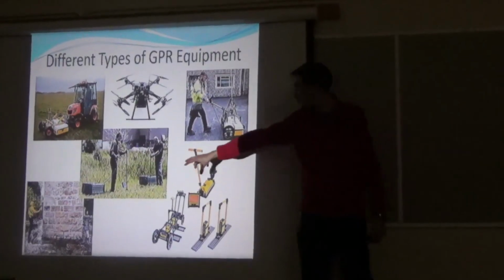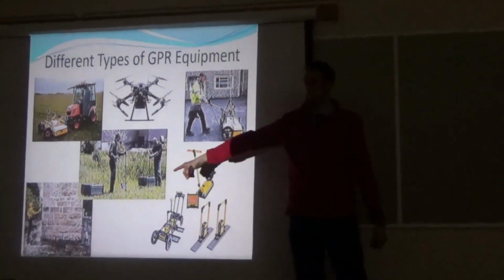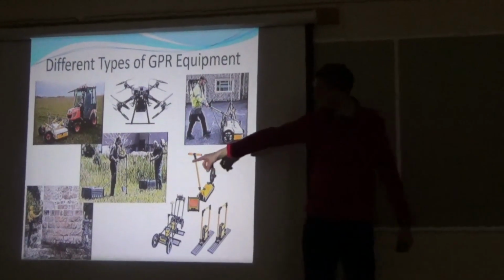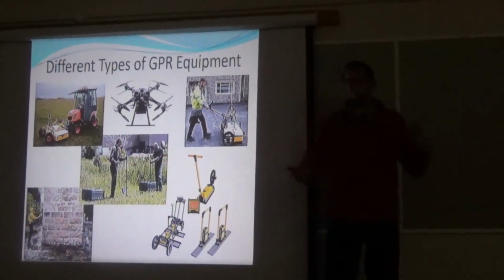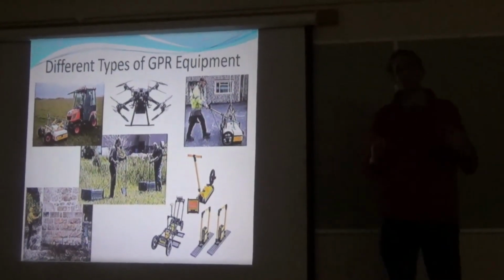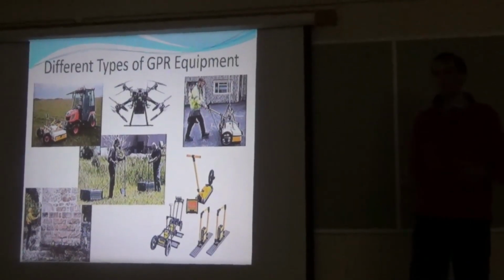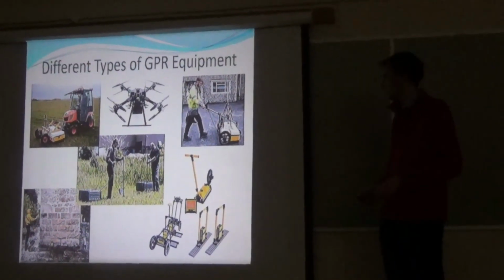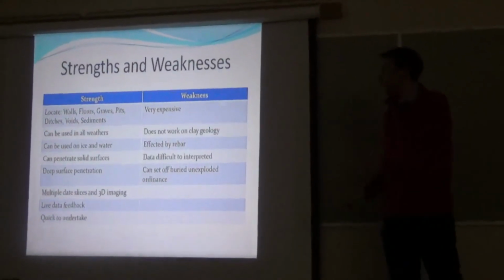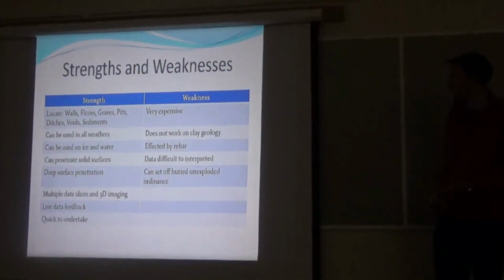You can put it down boreholes. You can look at building structures, so this is a base pillar of a bridge, to look at the makeup of that. It's a very good multi-purpose piece of equipment.